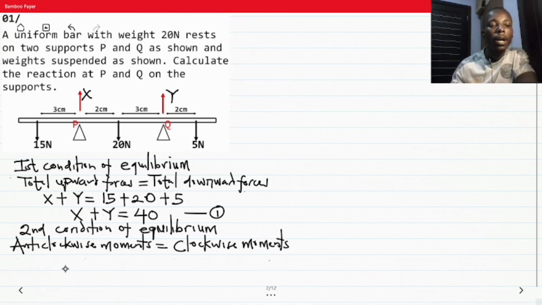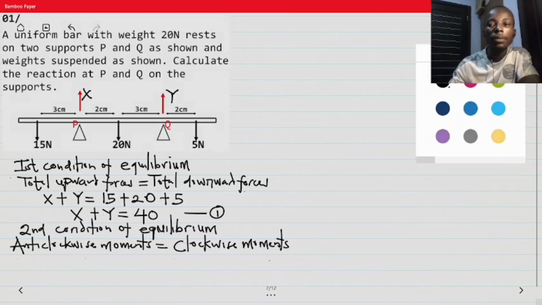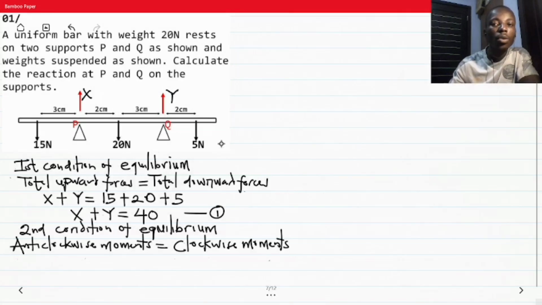So we have to find the moment now of each of these forces. We identify the anticlockwise, we identify the clockwise, then we equate them together so as to find the unknown, the reactions at P and Q, X and Y. So let me identify the anticlockwise and the clockwise moment.